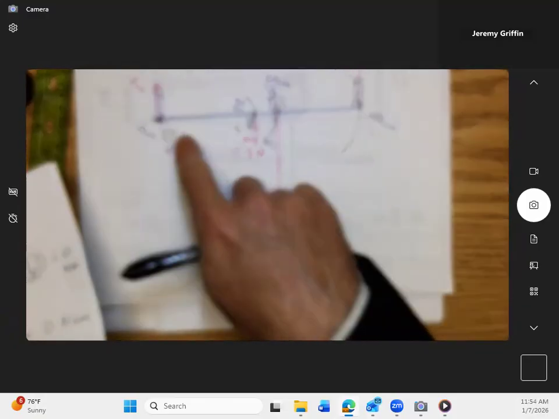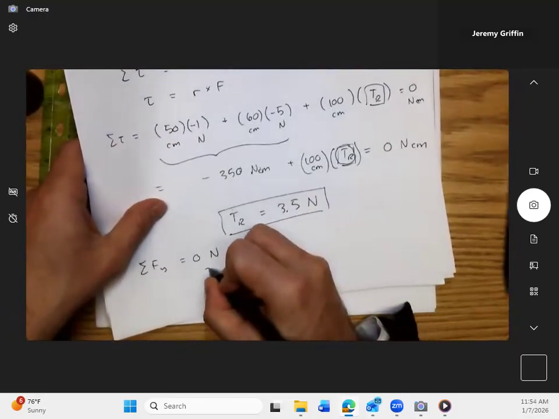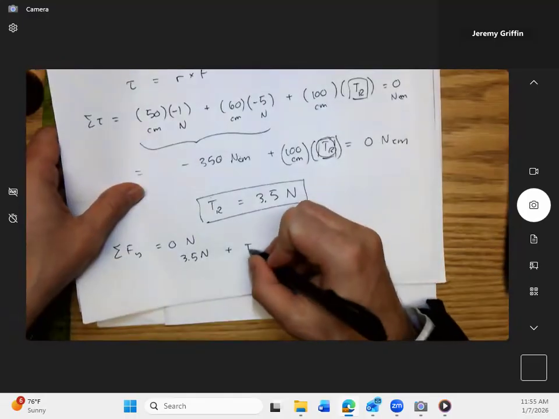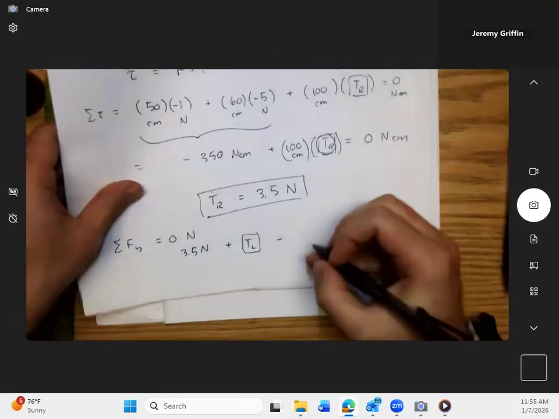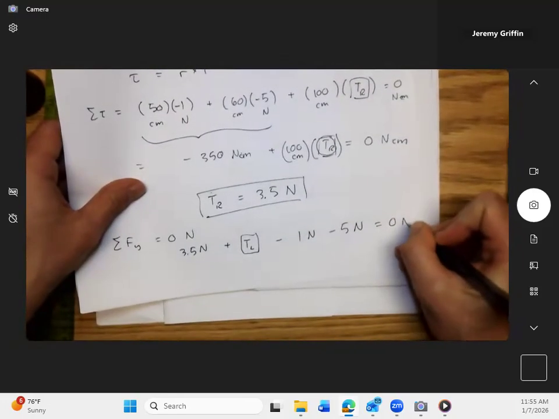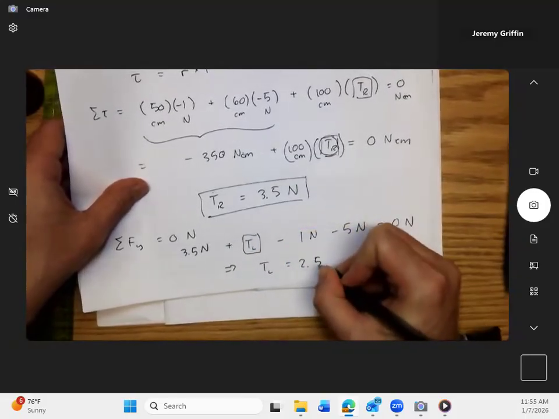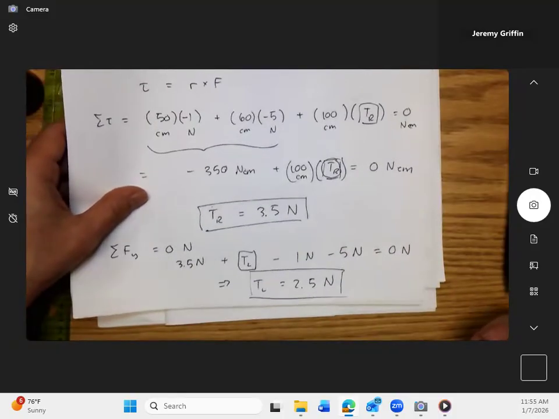So tension on the right side, which we just found, is 3.5 newtons, plus tension on the left side, which we're solving for, minus 1 Newton, minus 5 newtons. That all has to zero out. And then you get tension on the left side is 2.5 newtons. Yeah, that's a good way to do it. It's probably what I would do.